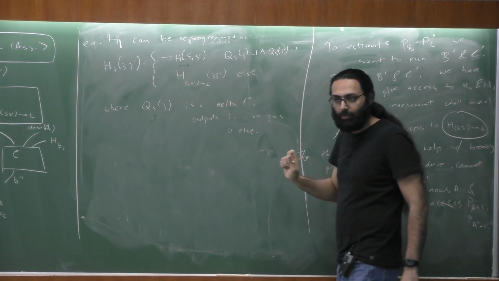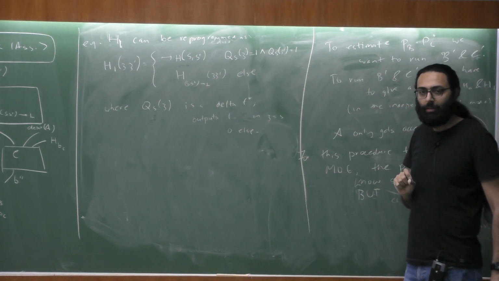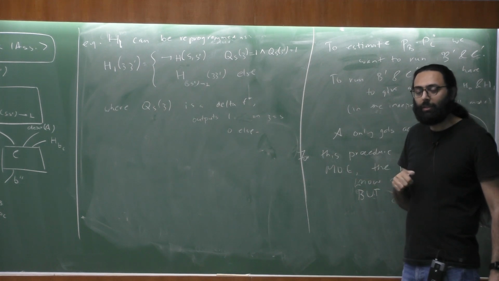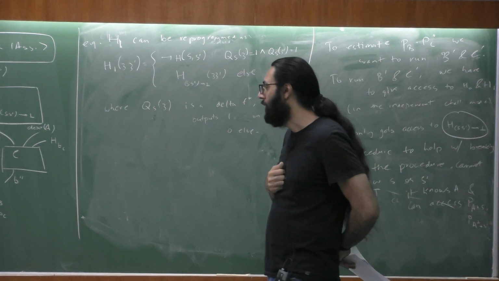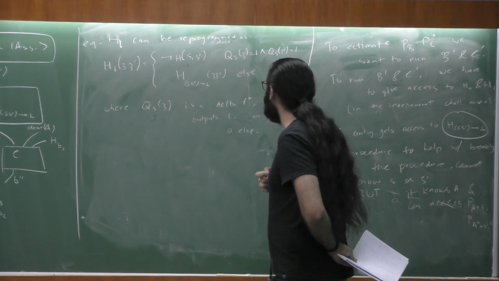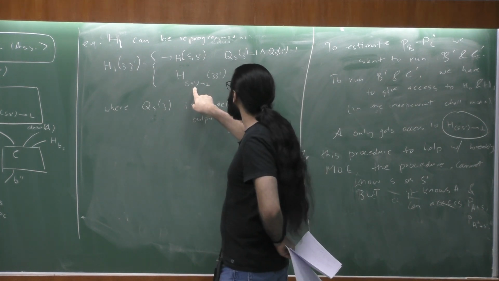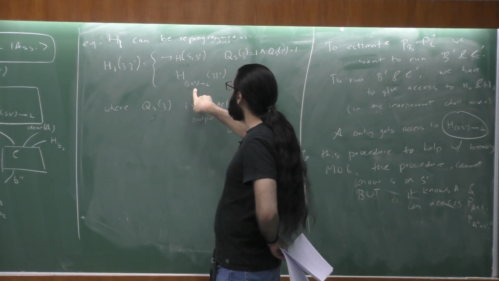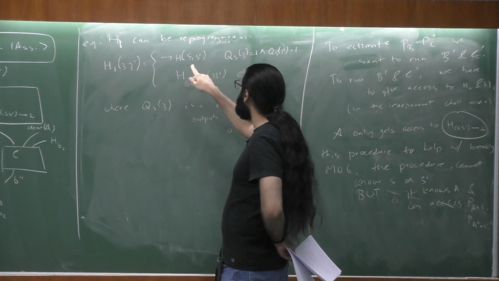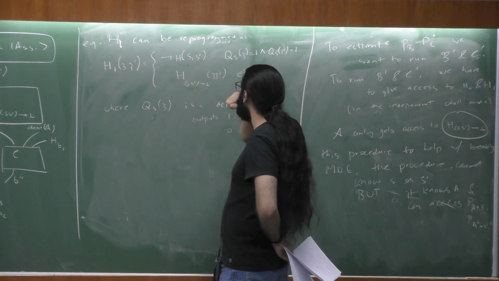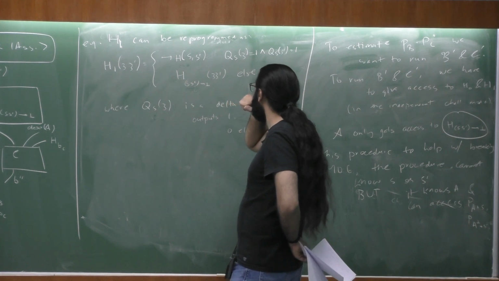Otherwise, you let it do. Right? So this is relatively straightforward. So how is it different from the definition? You're only using this oracle. But yeah, you're right. It has access to H. So we wanted to do it without access to H.